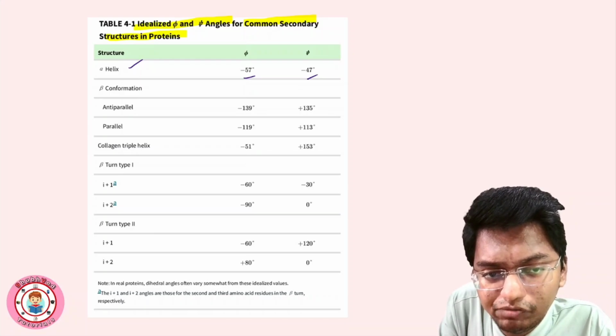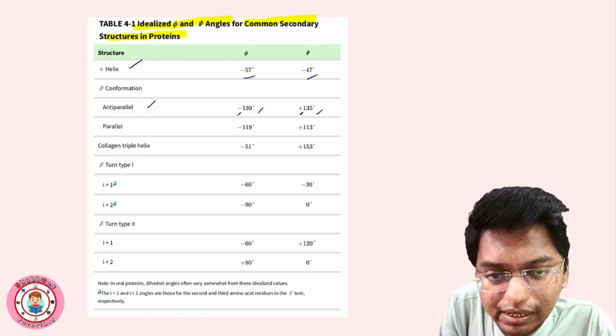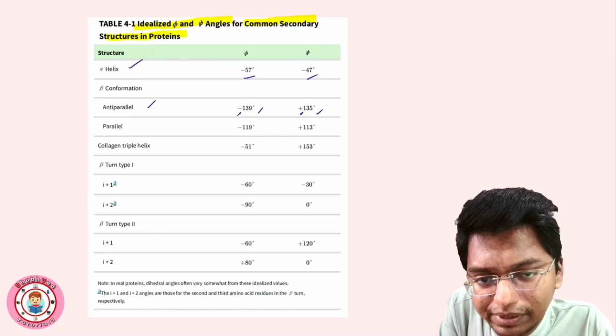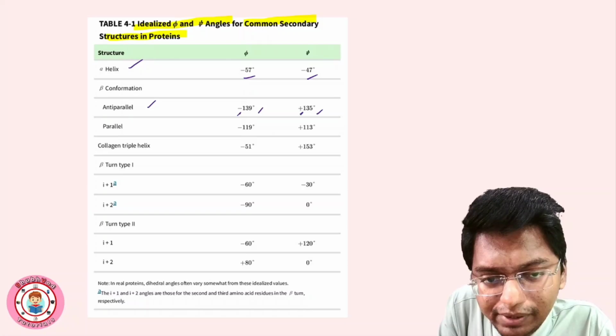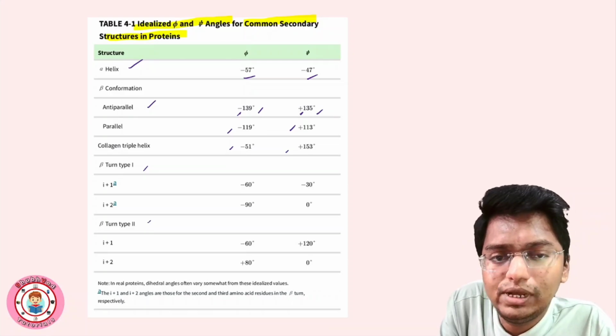Okay, beta conformation में anti parallel -130, +135, यहाँ पे negative है, यहाँ पे positive है, यहाँ पे दोनों negative है alpha helix में. Okay, parallel में भी. Okay, same you can check. Collagen triple helix, beta turn, right? Beta turn means this will form loop for connecting.